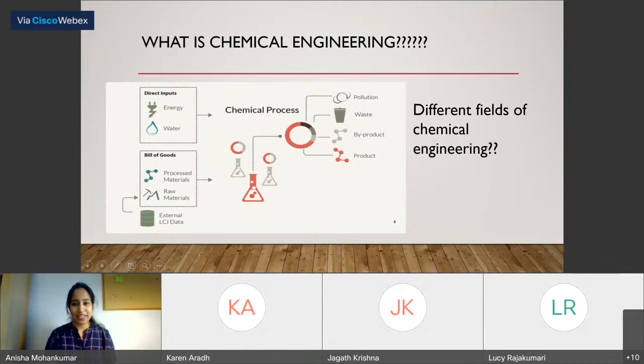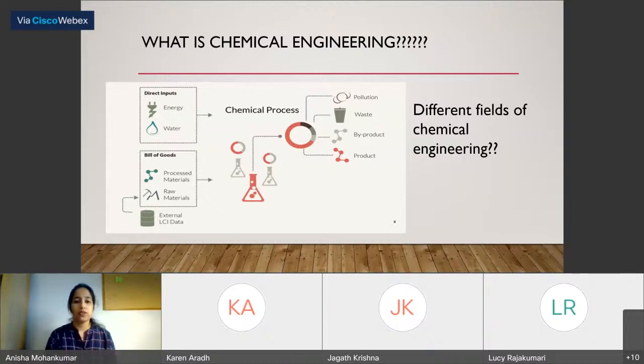So what is chemical engineering? By definition, it is an engineering field that utilizes several raw materials, any kind of raw materials, and they go through a chemical process and get converted to a product. So this chemical process is the one where mostly chemical engineers focus.